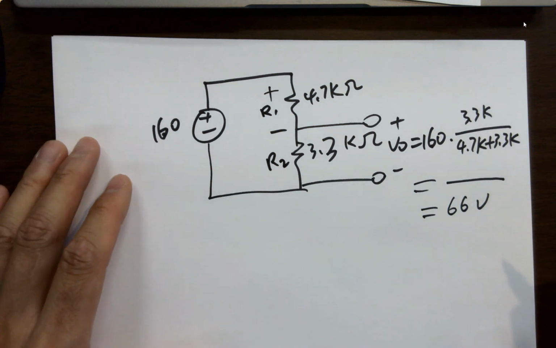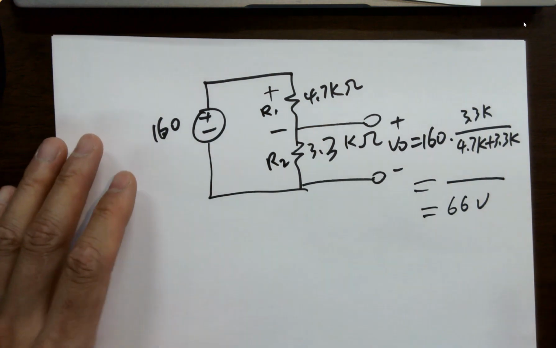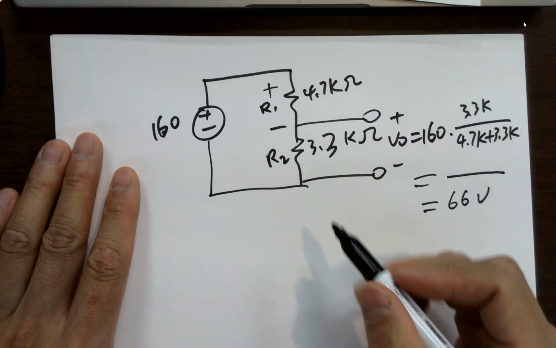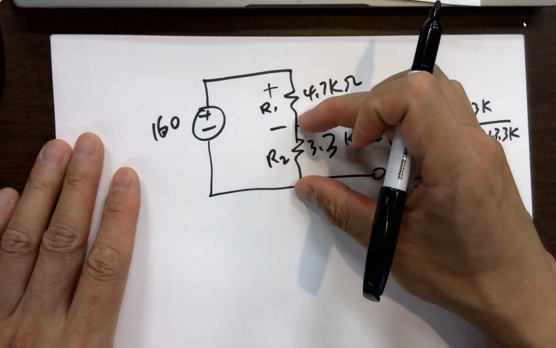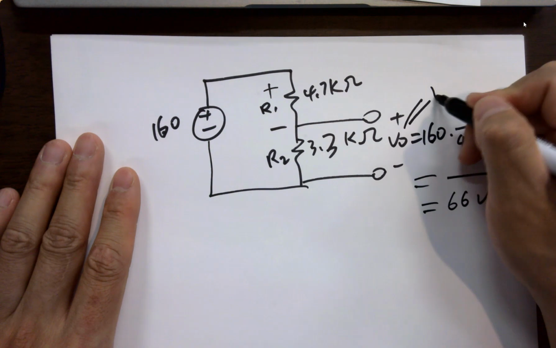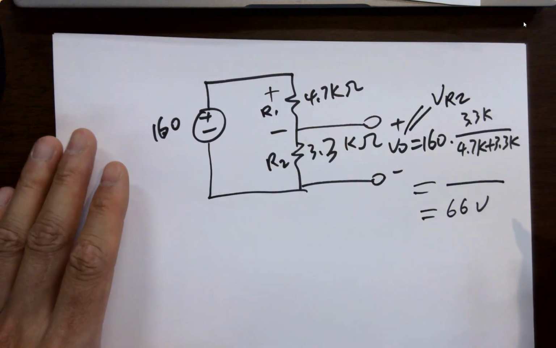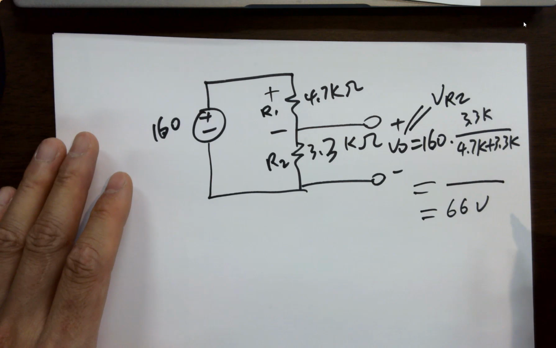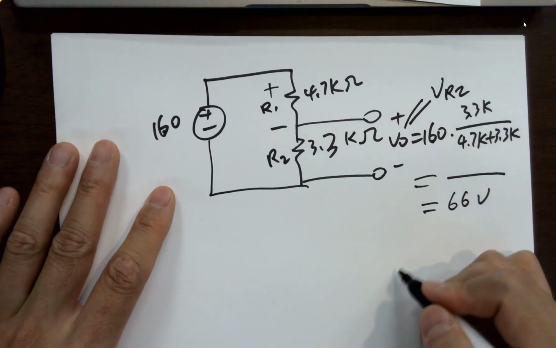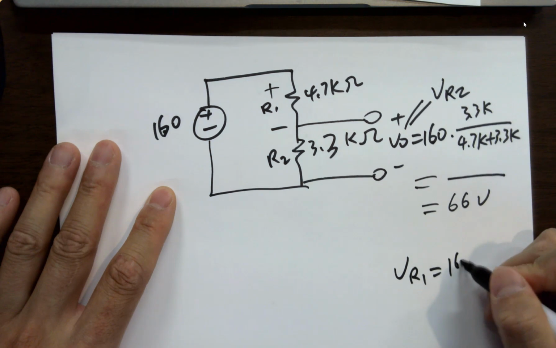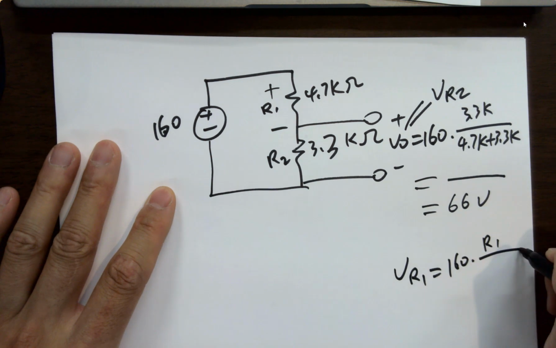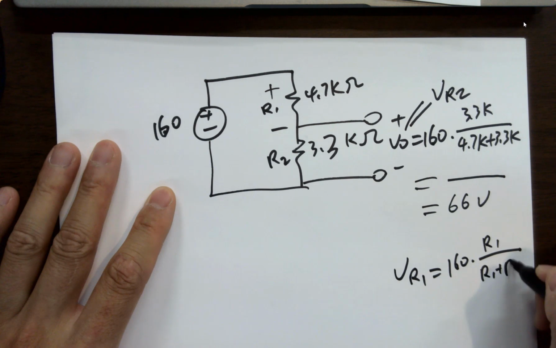Okay, another question for you guys. Can I just write, because VO is a voltage across R2, so VO is basically VR2. Agree with that? Okay. So what about VR1? Can I directly do VR1 equals 160 times R1 over R1 plus R2?